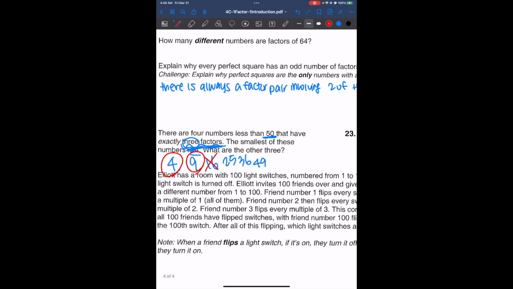For 25, again, there's 1 and 5 and 25 only. For 36, there's so many possibilities because we have so many factor pairs, like 2 and 18 and 3 and 12. So 36 does not have only 3 factors. And for 49, we have 1, 7, and 49.